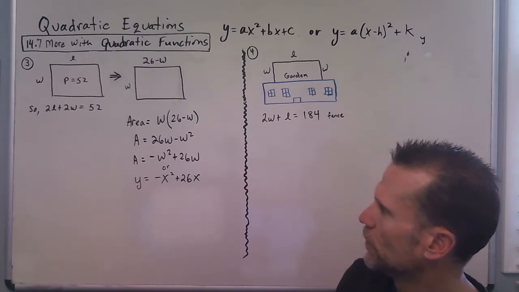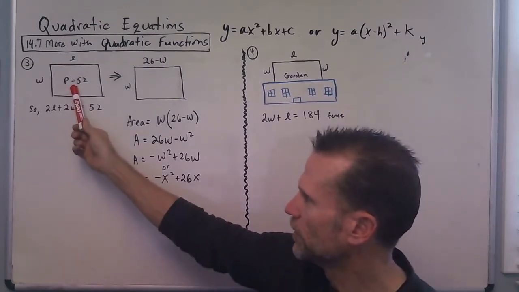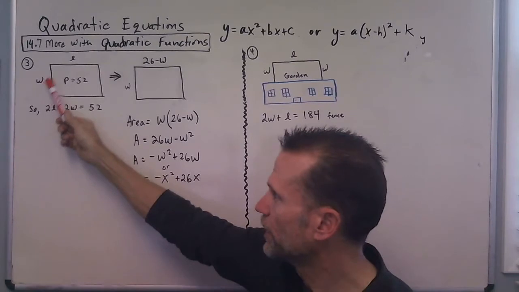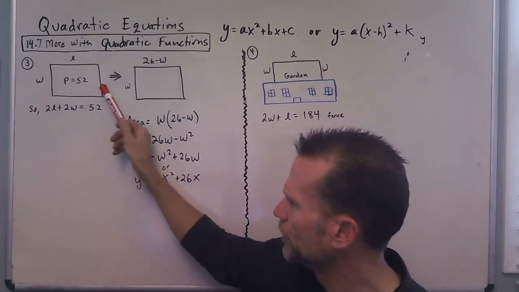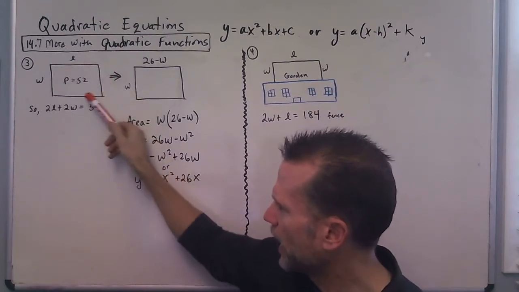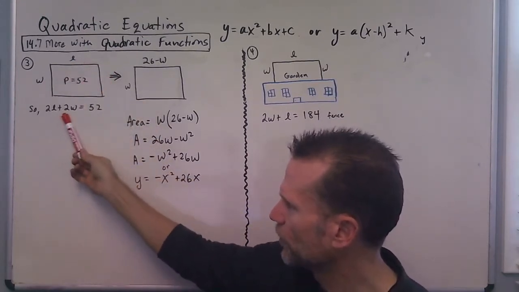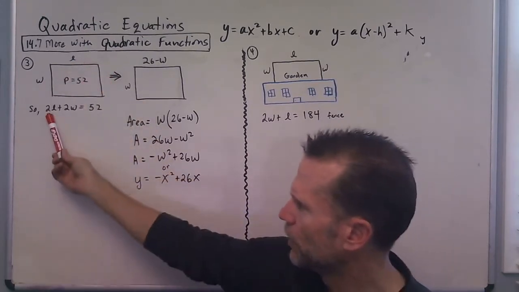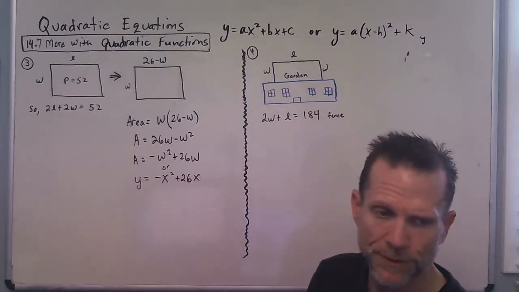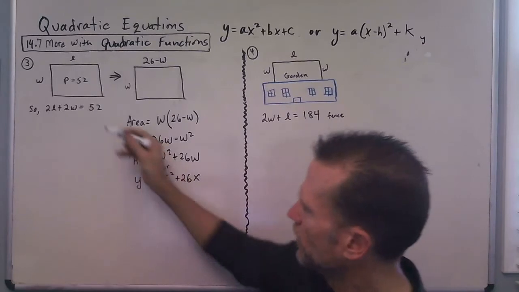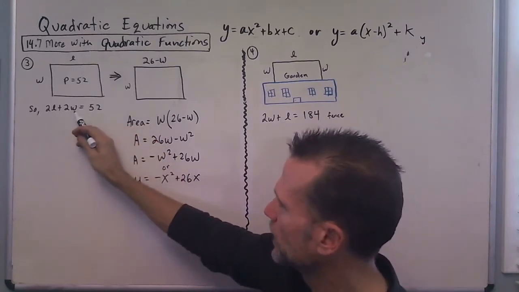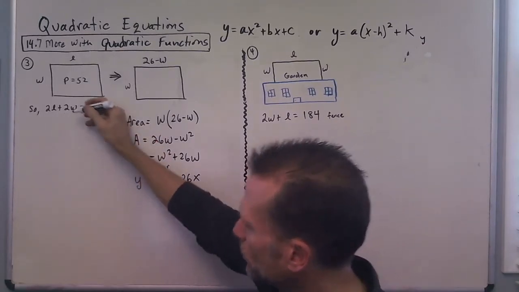So we know for a fact that this has a perimeter of 52, and we have a width and a length. Now normally we add up the sides, or we have this formula for perimeter, 2L plus 2W equals the perimeter. Once we know that, we can manipulate this a little bit and find out what L equals.